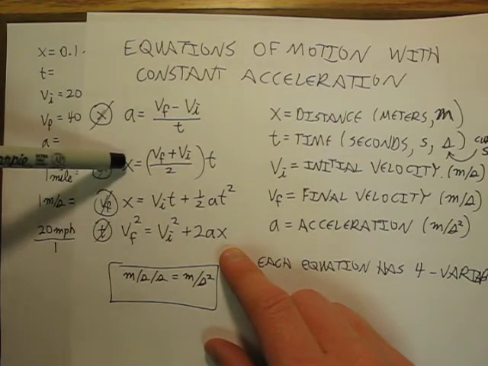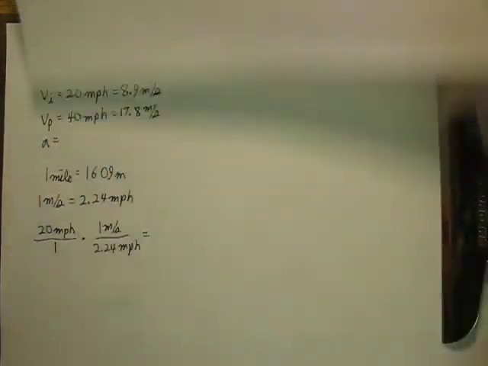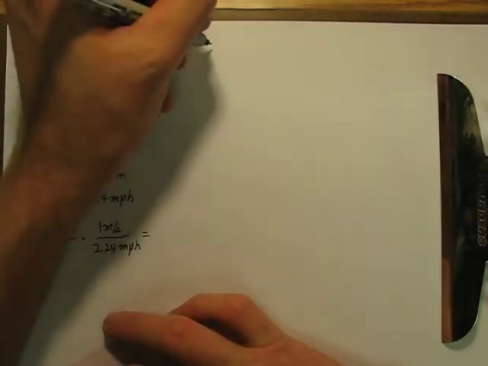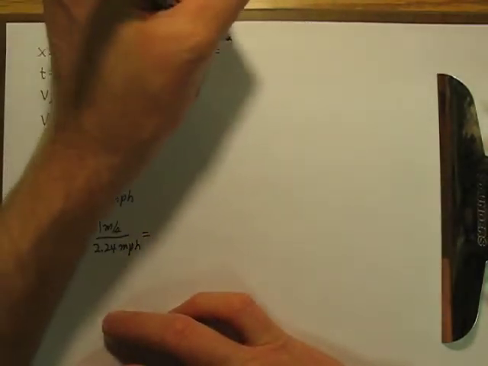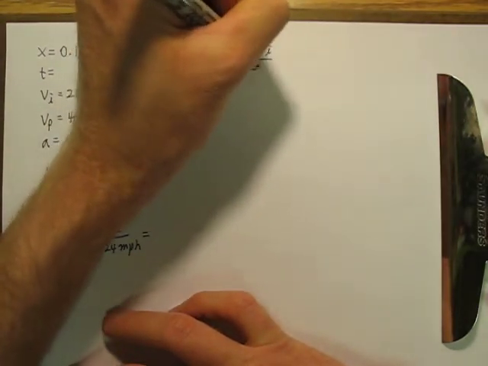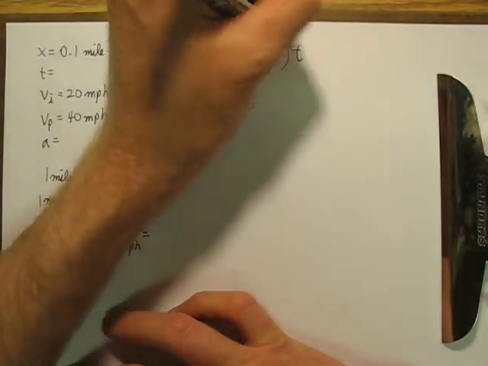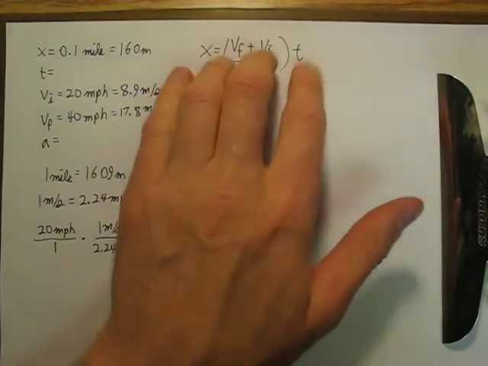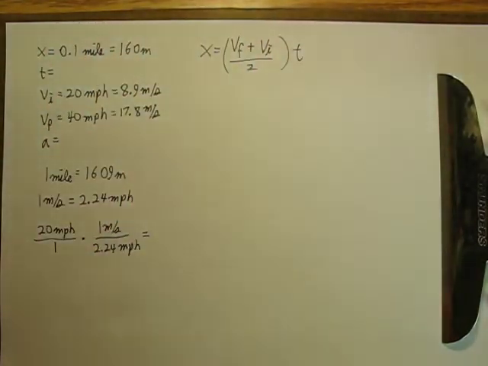So I'm going to copy it down right here: x equals (vf plus vi) over 2 times t. The way that I want you to solve problems is to always write out the equation in symbols before you plug in the numbers.